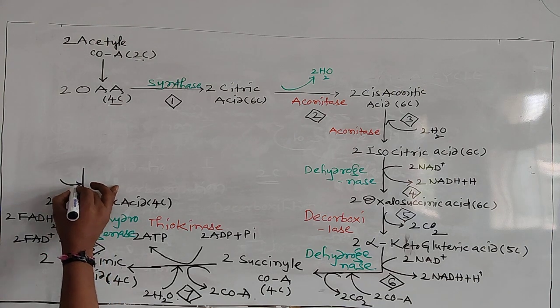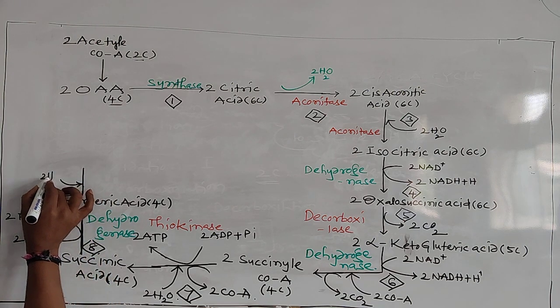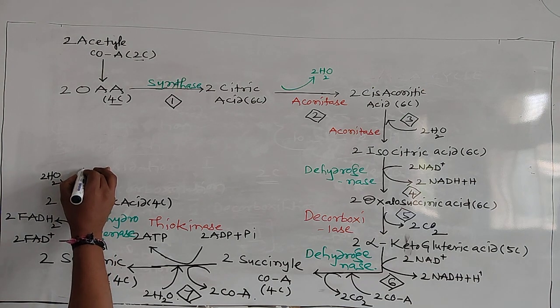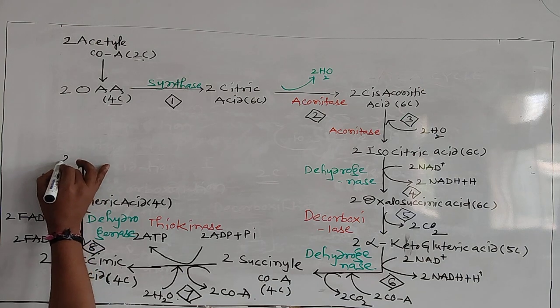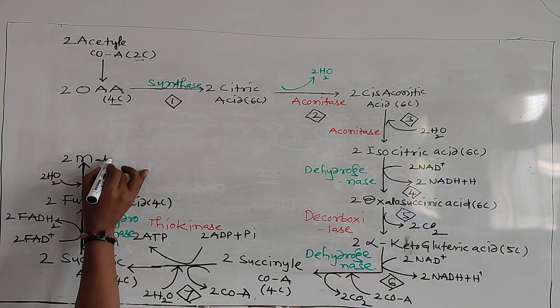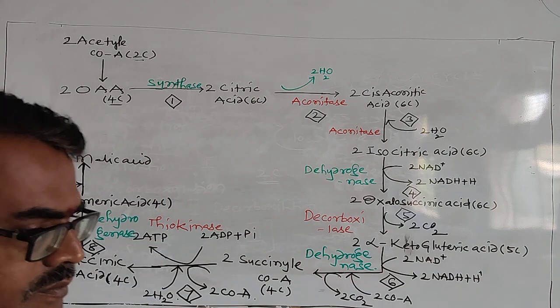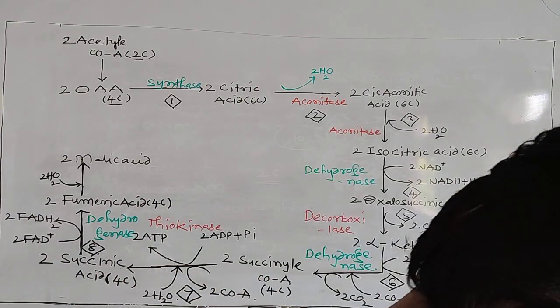The 2 moles of water are added to the fumaric acid, then form malic acid. What is that? Malic acid. 2 moles of malic acid are formed. Malic acid also has 4 carbons.